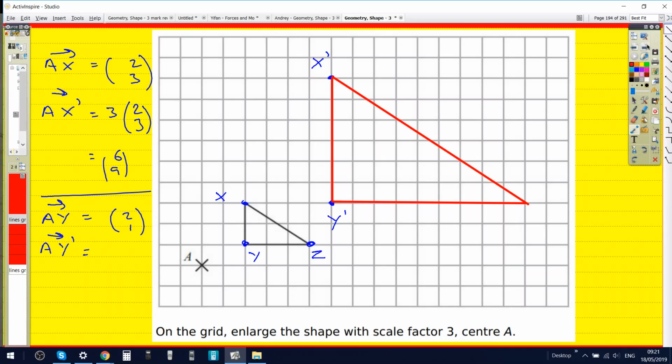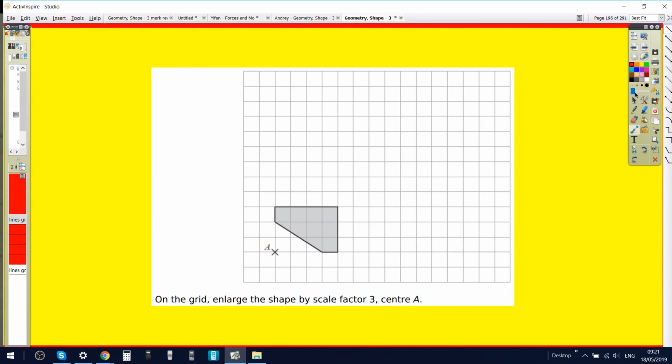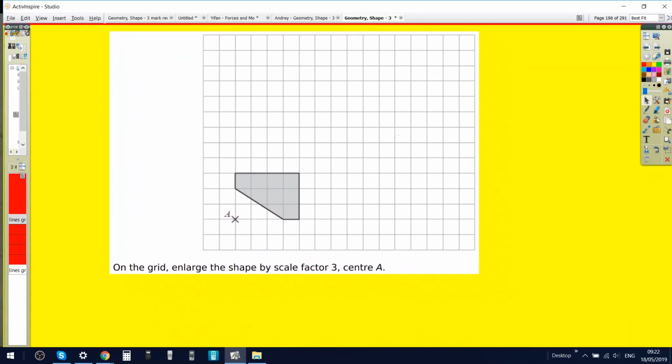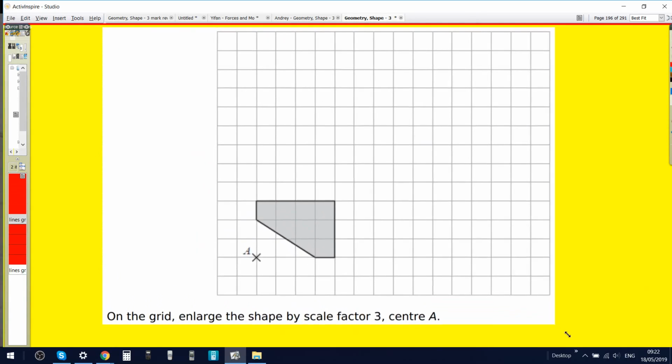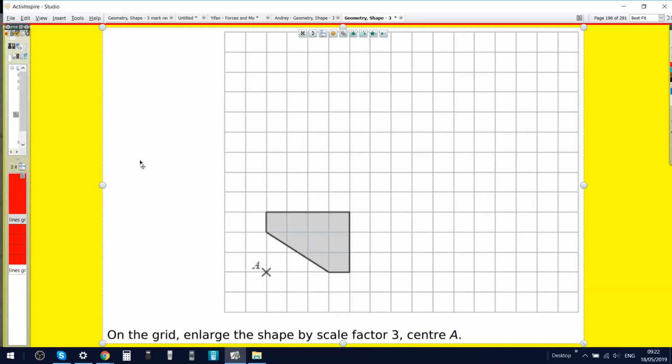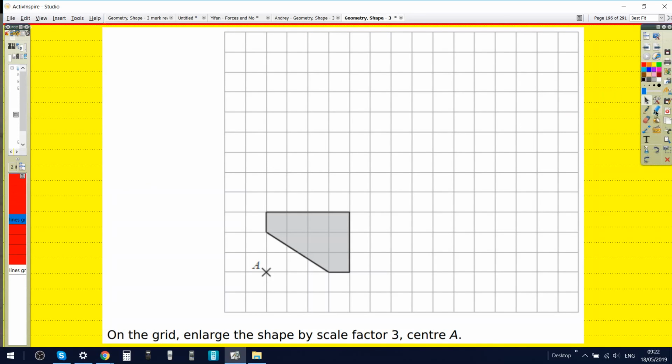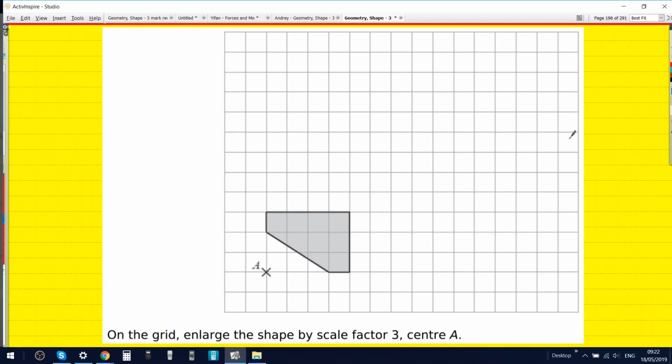No. So let's try this one. Okay. So do I need to label each point again? Let's just do 1. Let's pick the easiest one.